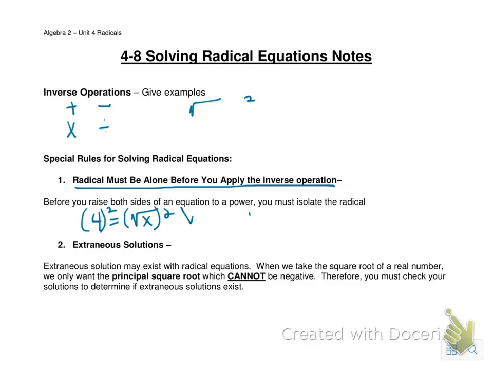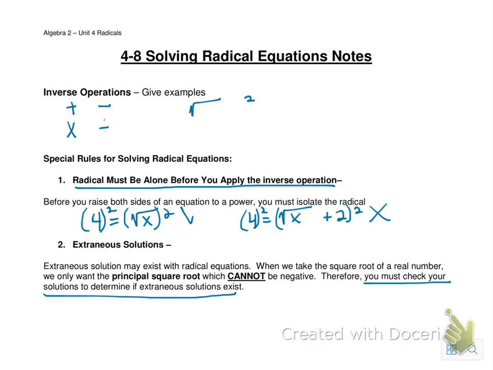However, if I have 4 equals the square root of x, and then on the outside plus 2, I can't square that yet. I would have to move the 2 before I square it. So in this case, this would not be good.